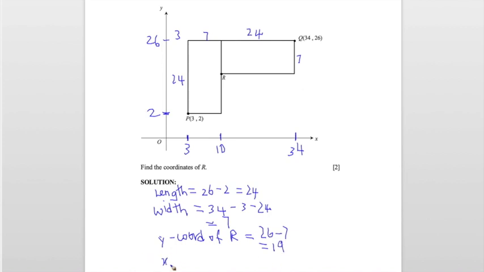And the x coordinate of R is 3 plus 7. This is 7. 3 plus 7, which is 10. Therefore, R has x coordinate 10 and y coordinate 19.